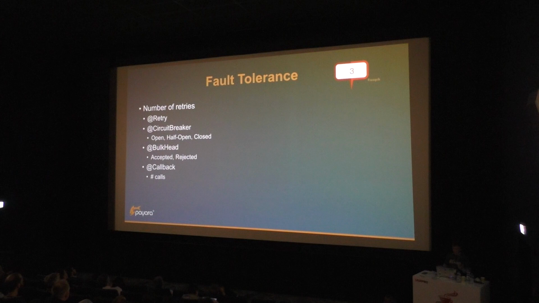You have that classic thing like circuit breaker, bulkhead, and fallback, and things like that. So all these things are also linked with that metric specification, so you can have information about how long the circuit breaker was open, and that, for instance, a fallback method was used for your values.